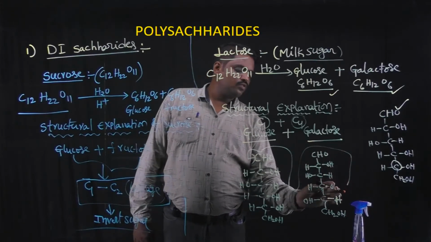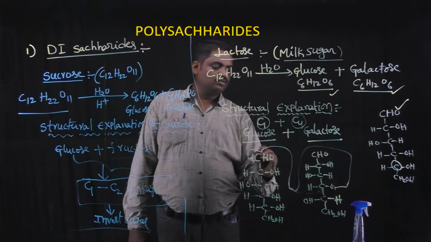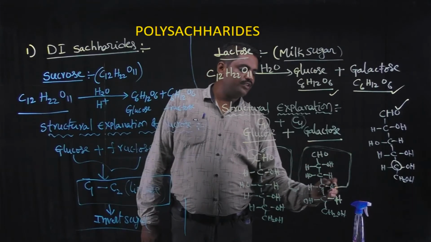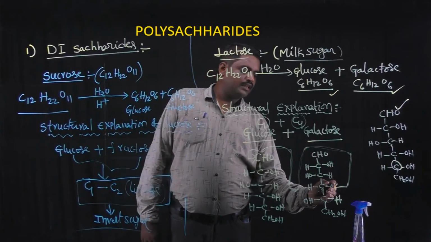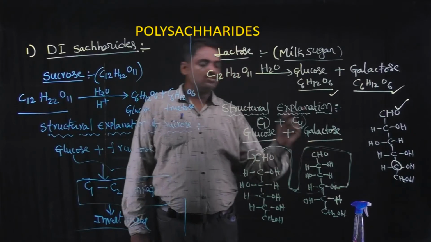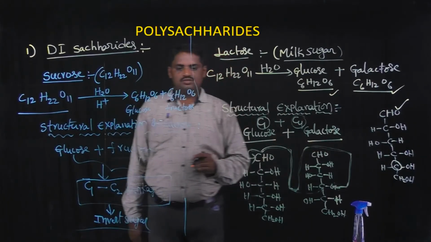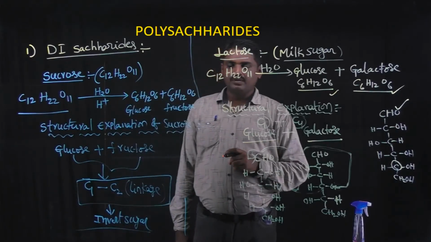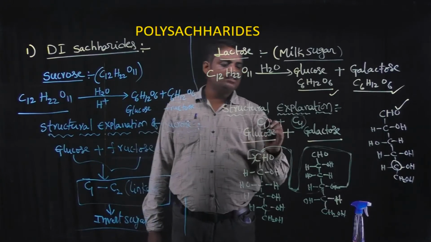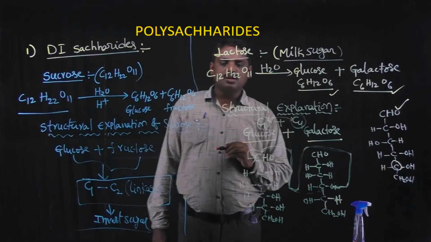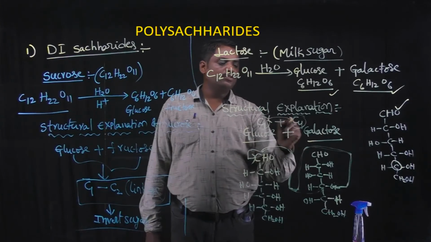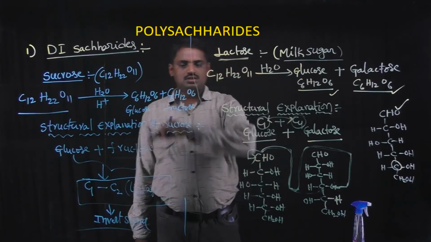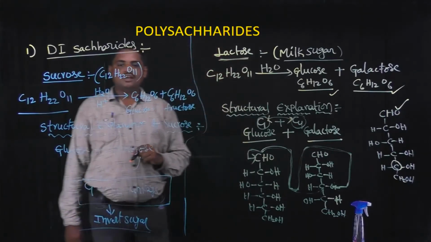This link joins both molecules. Finally, the link is a C1-C4 link. So the first carbon of glucose is linked with the fourth carbon of galactose to produce lactose. This is the structural explanation for lactose.